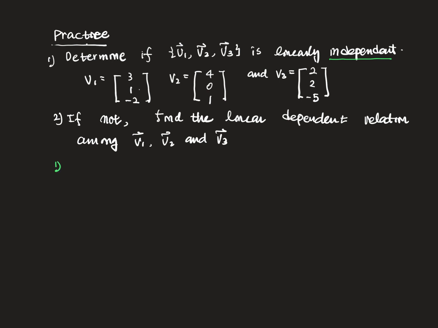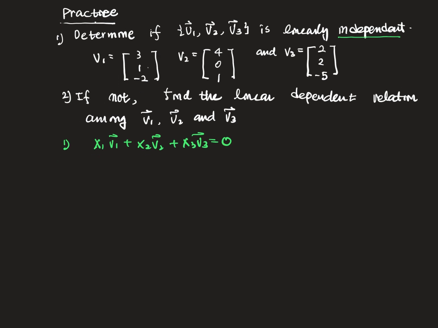How can we check it? You check x1 v1 plus x2 v2 plus x3 v3 equals 0. Is this a non-trivial solution or a trivial solution? I want a matrix: 3, 1, negative 2, 4, 0, 1, 2, 2, negative 5, and here is 0, 0, 0.